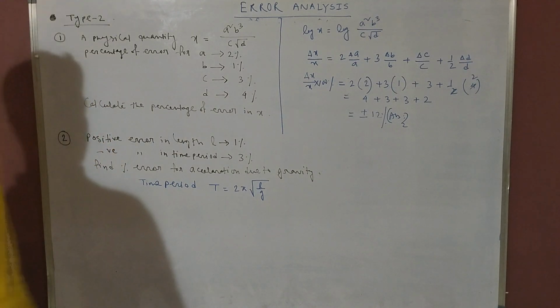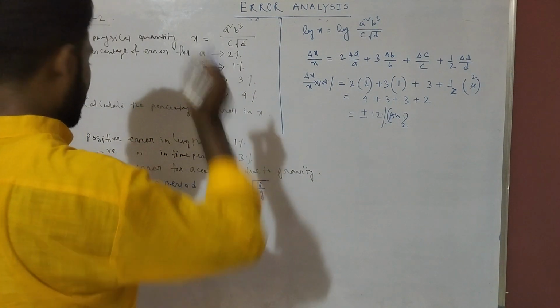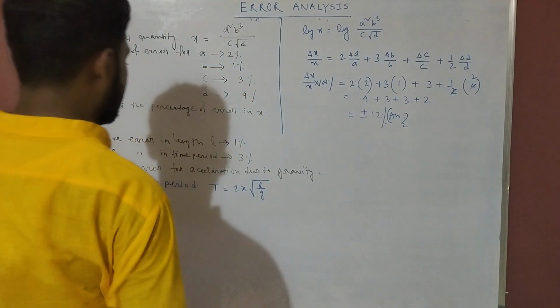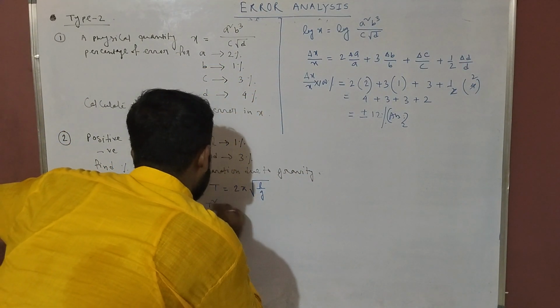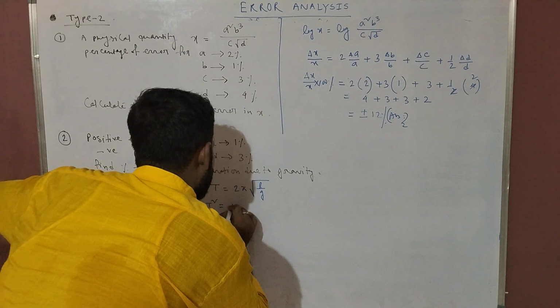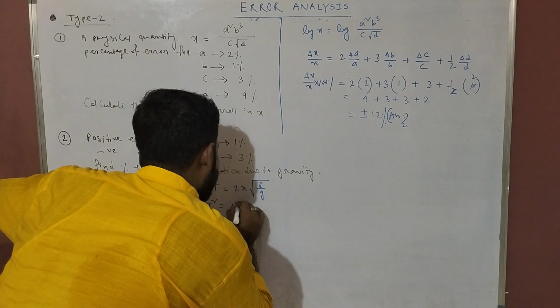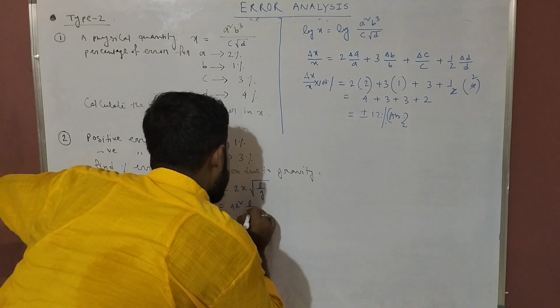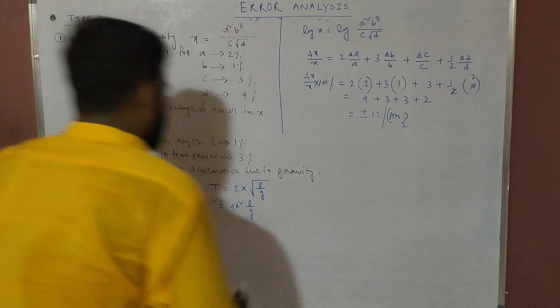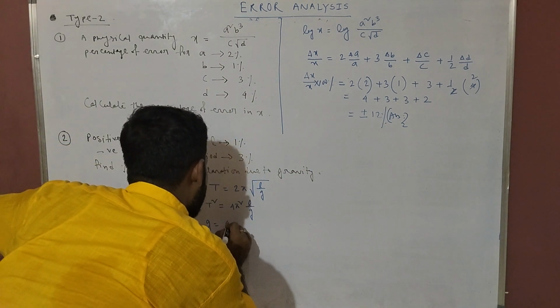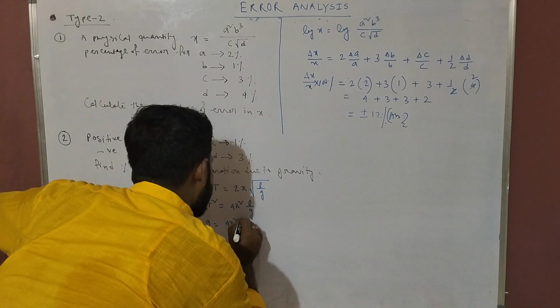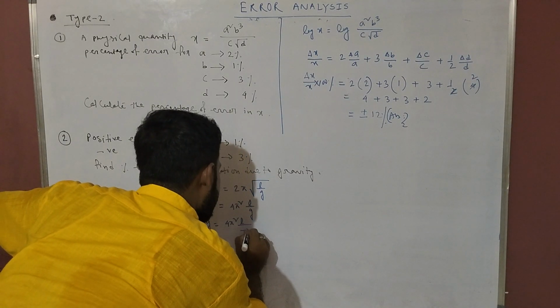So from here you have to find out the mathematical expression of G. By squaring both sides we get T square is equal to 4 pi square L by G. So G is equal to 4 pi square L by T square.